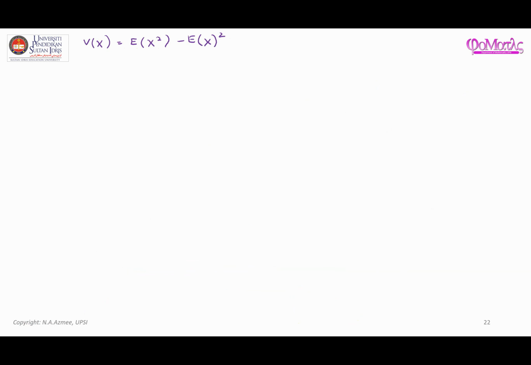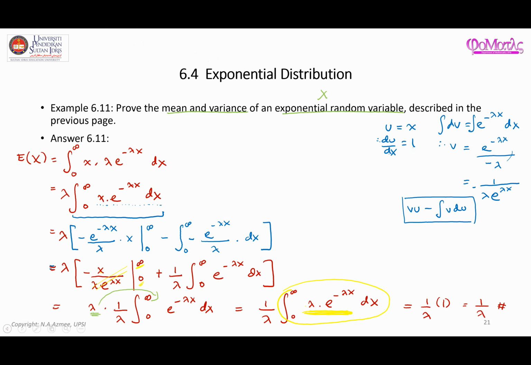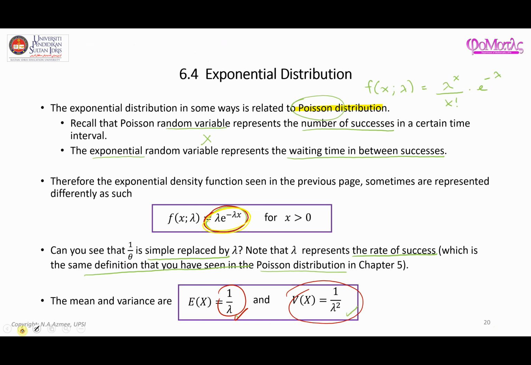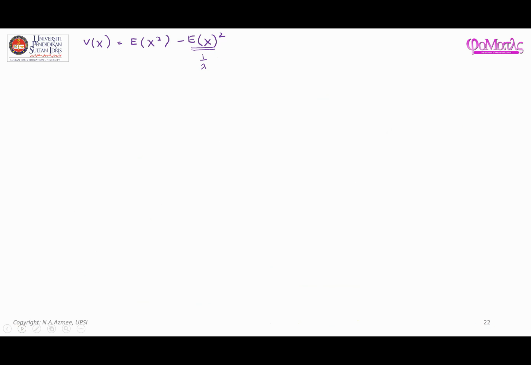And we have managed to get E[X]. Well, E[X] is just 1 over λ. We just did that part right here.